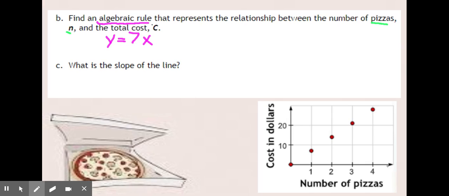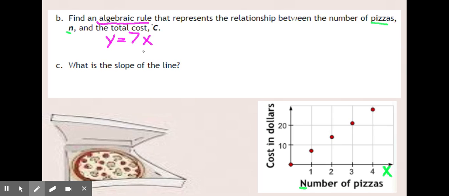And I know if I'm looking at the graph at the bottom, because sometimes I struggle with this, figuring out which variable goes with which one, even though I've been working with it for years. So I check myself and I look at the axis. So I know that the horizontal is the x-axis and x-axis is the number of pizzas.